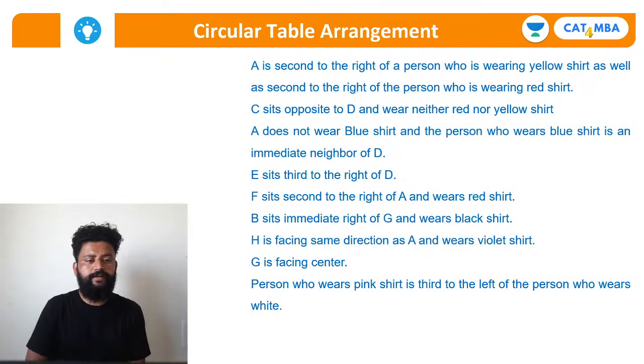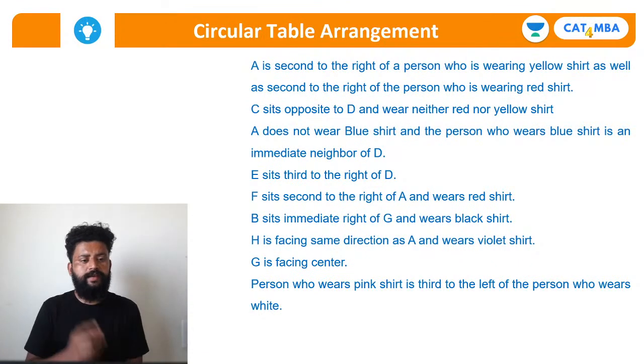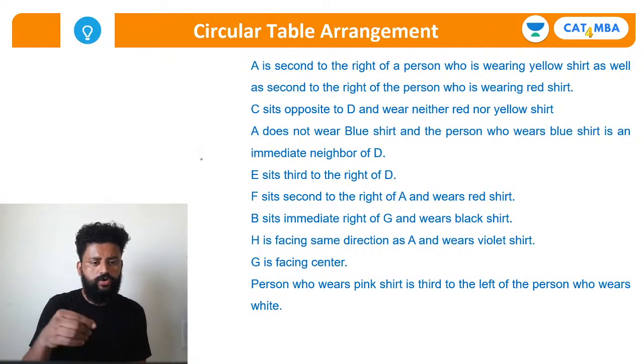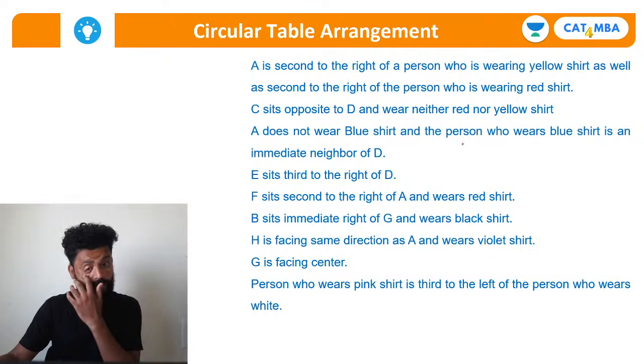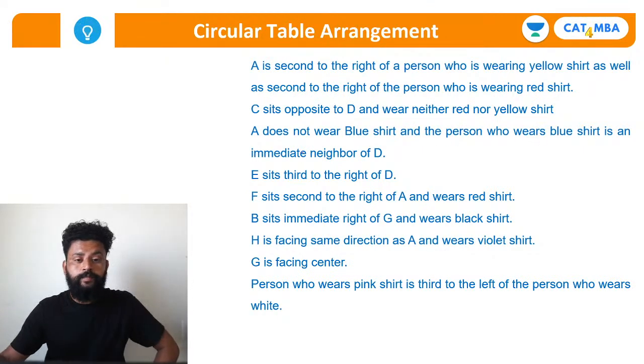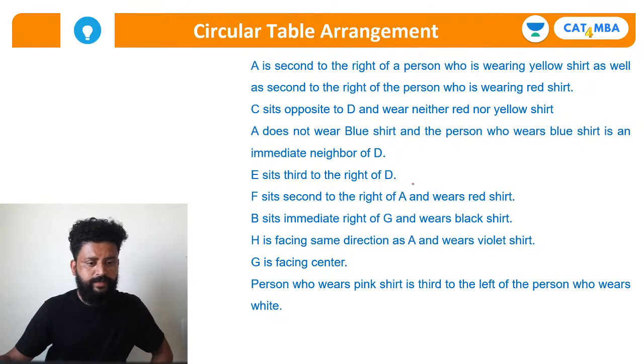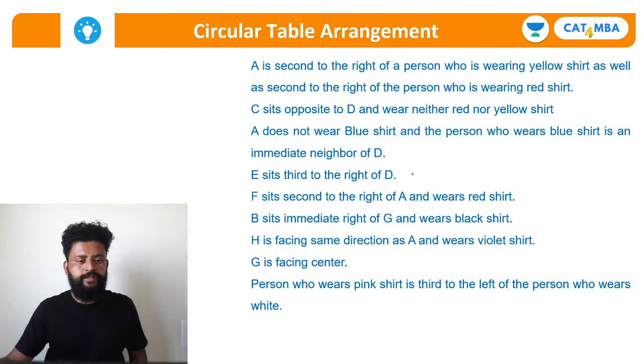If you look at this, first it was told about A, then there is only A here. A does not wear a blue shirt, and the person who wears a blue shirt is an immediate neighbor of D, so we don't know where D is.